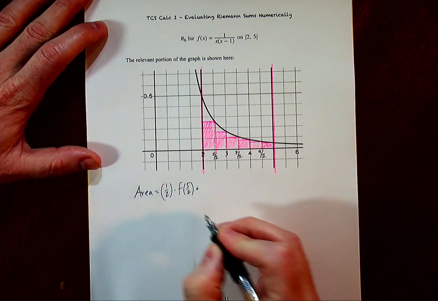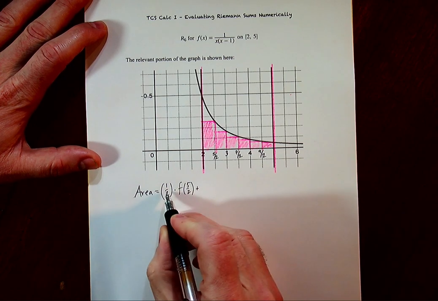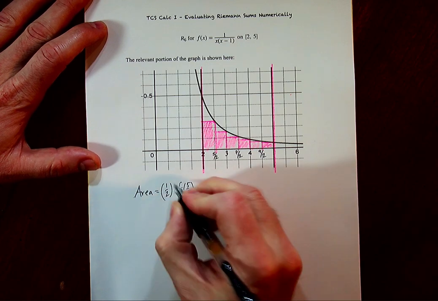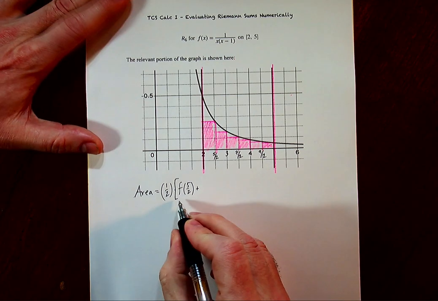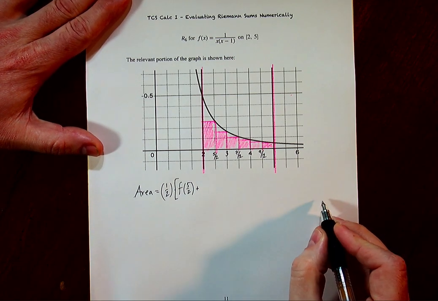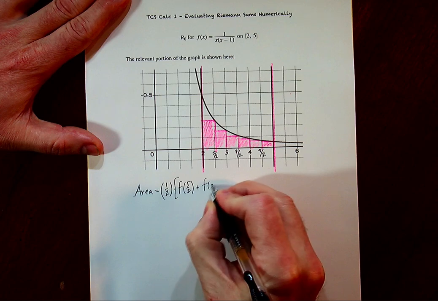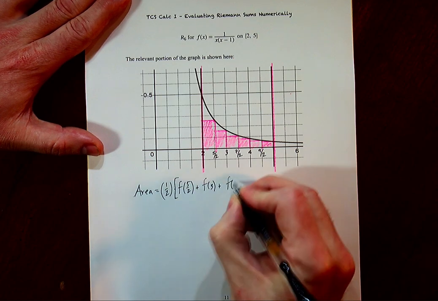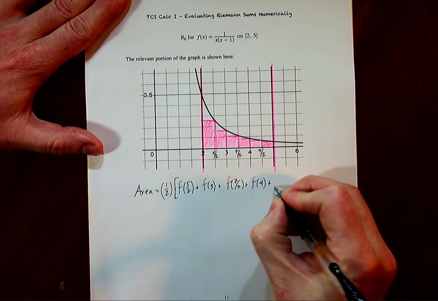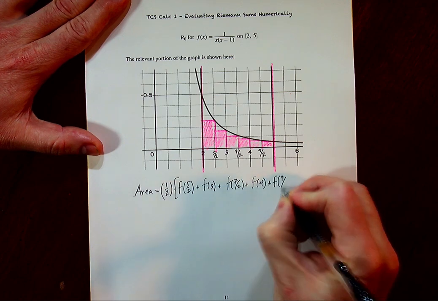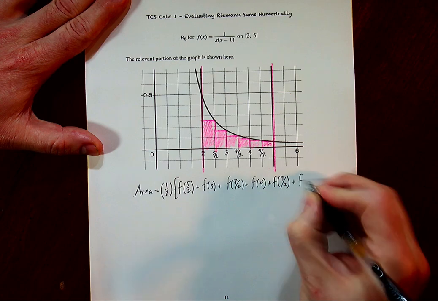And here's the thing. I already know that all of them are going to have this 1/2 out in front, so I'm going to save myself a little bit of time and just in my head factor it out, and then just put the sum of all of the heights, all of the function values. f of 3, f of 7/2, f of 4, f of 9/2, and f of 5.